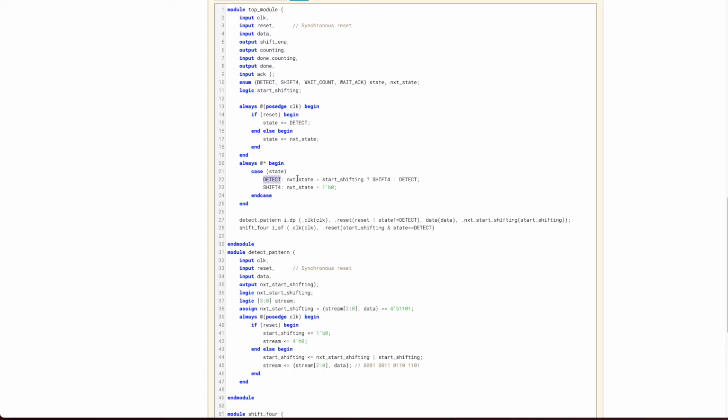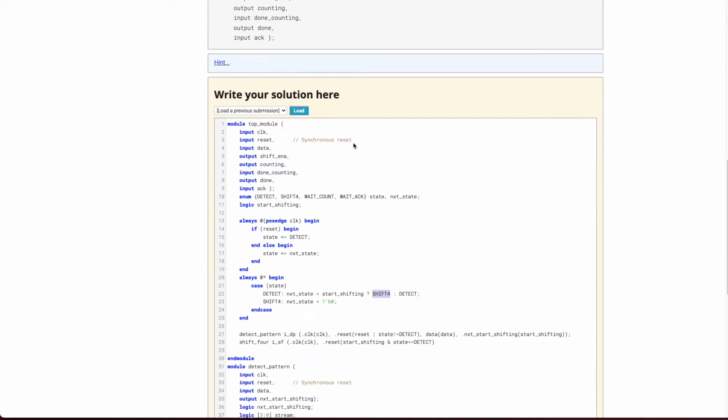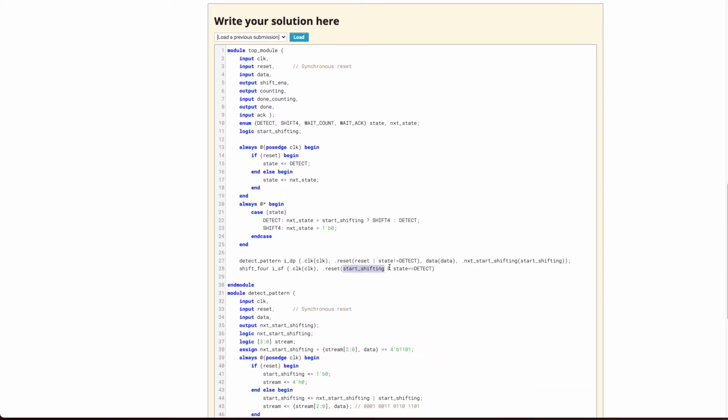So when here and here, so at this cycle, we trigger this in the next 4 cycles, which is start shifting and state equals detect.